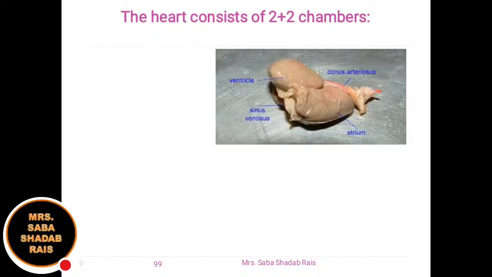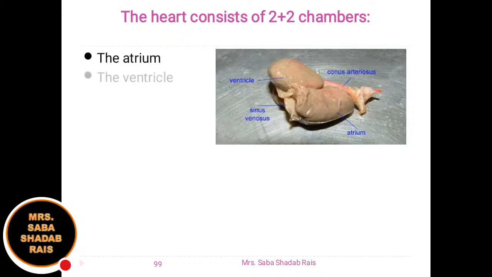But this atrium and ventricle are supported with two extra chambers, and these extra chambers are called accessory chambers. The first accessory chamber is the sinus venosus, which supports the atrium, and the second accessory chamber is the conus arteriosus, which supports the ventricle.